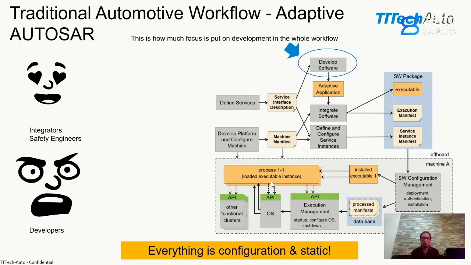Historically, this comes more from the control world. Before, there was Classic AUTOSAR, which is really focused on embedded hardware, on control algorithms and things like that. This changed a bit with Adaptive AUTOSAR. It's more focused on general application development, but it still inherits an approach that is very heavy on configuration.